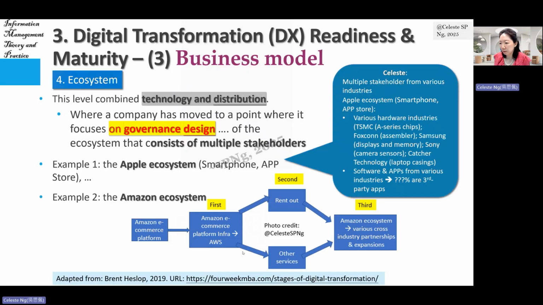And for this one, it forms the third level, which is the digital platform business model.